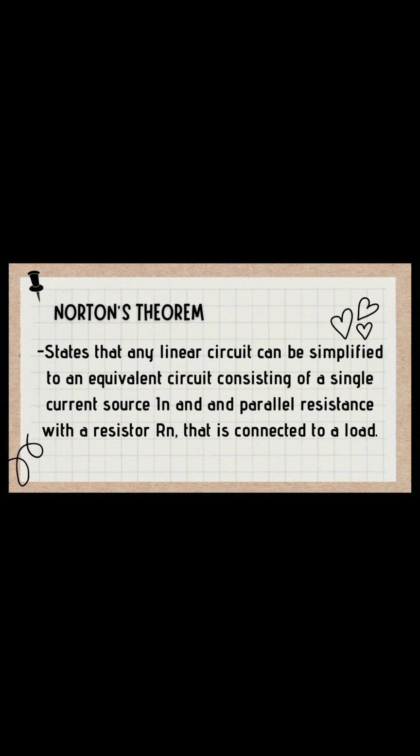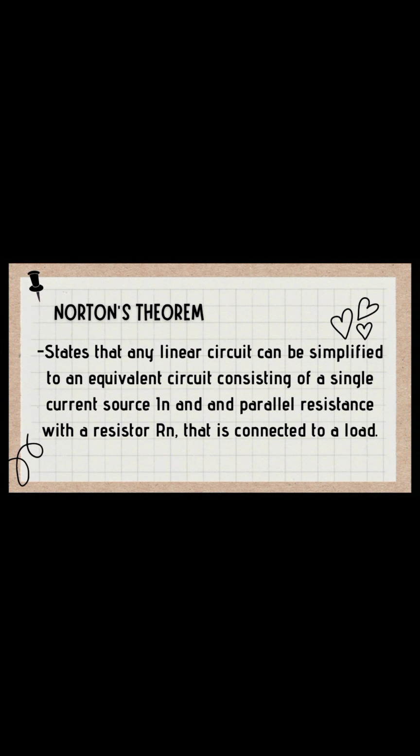Norton's theorem states that any linear circuit can be simplified to an equivalent circuit consisting of a single current source IN and a parallel resistance RN that is connected to a load.